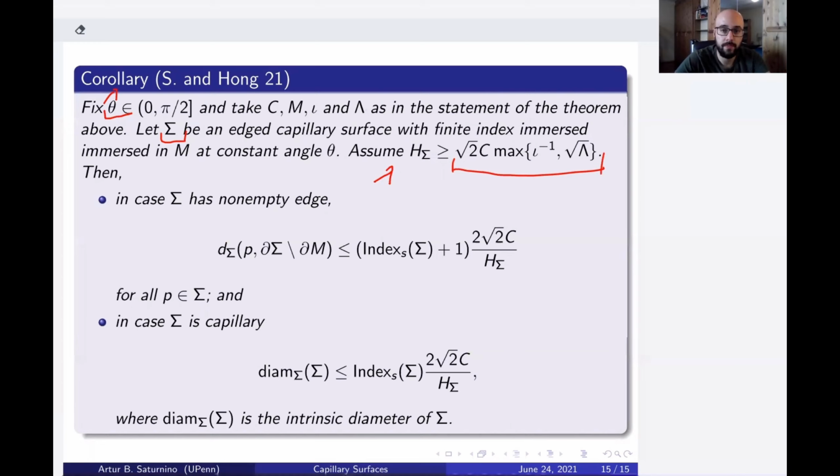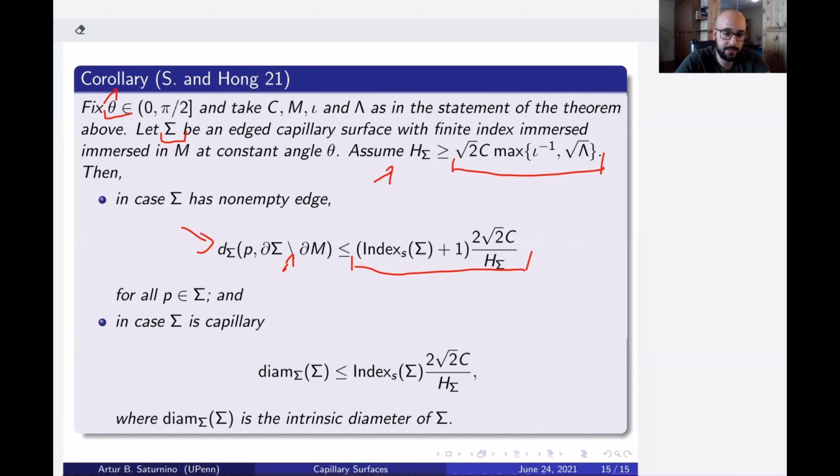So as soon as this mean curvature is large, what we get is bounds for the intrinsic distance between any point in sigma and the edge, which are given here on the right-hand side. So this distance can grow at most linearly with the strong index.